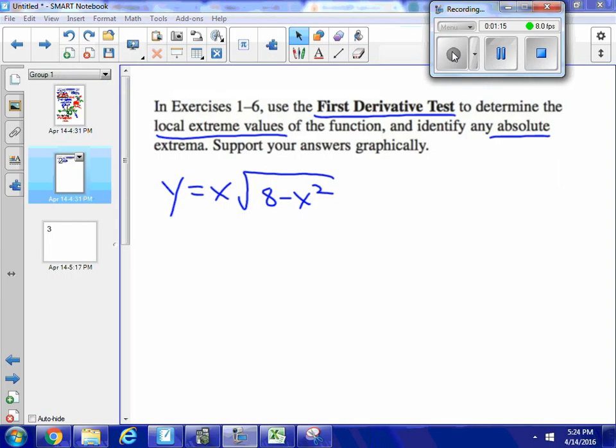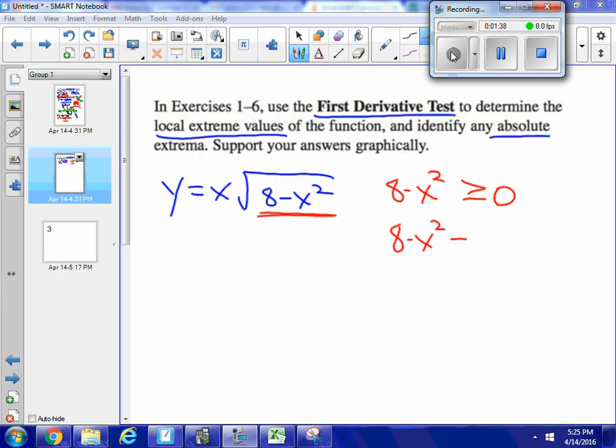So what I'm concerned about is to make sure that the radicand, the part that's underneath the radical sign, is greater than or equal to 0. So I can just say 8 minus x squared must be greater than or equal to 0. Well, I think I'm going to start out by finding where 8 minus x squared is actually equal to 0, because then I can work my way through the inequality.